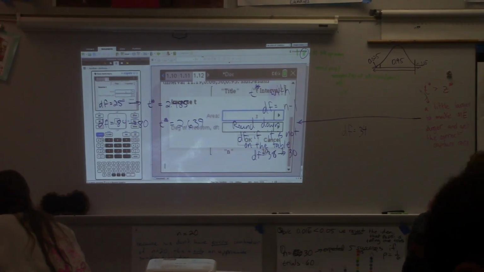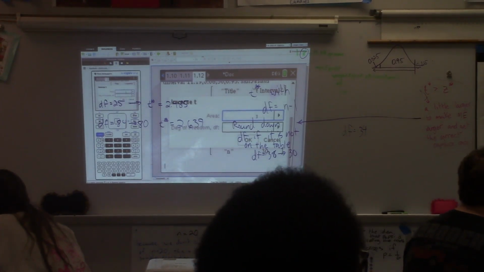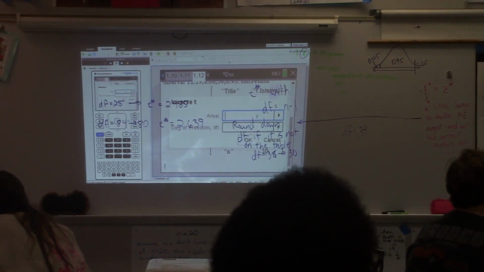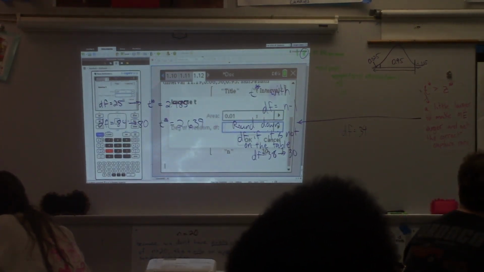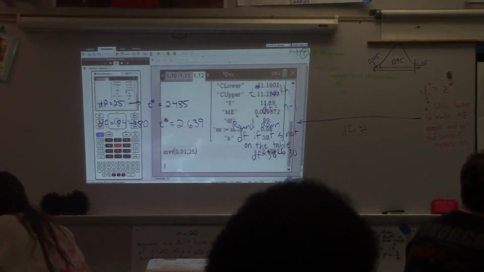For a 98% confidence level, what area? 0.01. Degrees of freedom was 25. Is that the same answer? Negative 2.485?